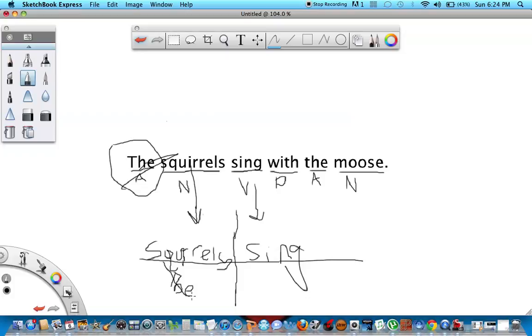And then under sing, we are going to write what is singing, or what we are singing with. So we're gonna make another diagonal line, and this is gonna say with.